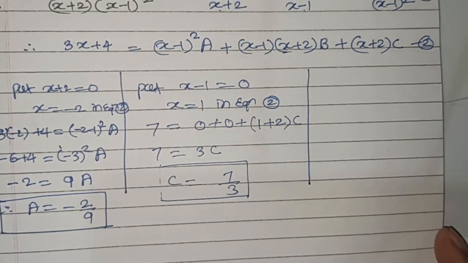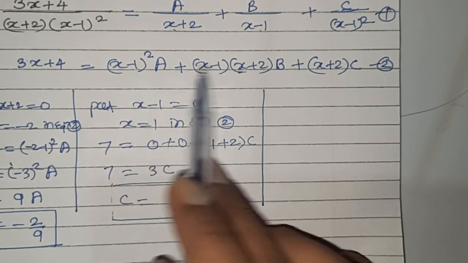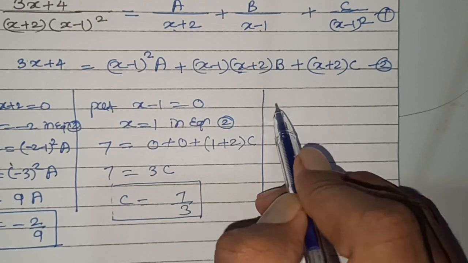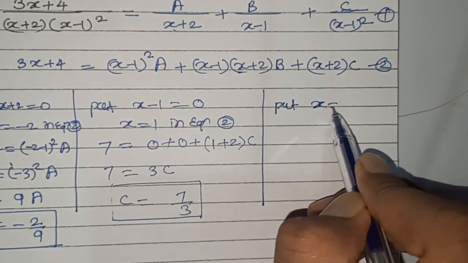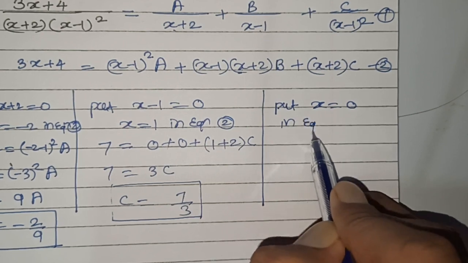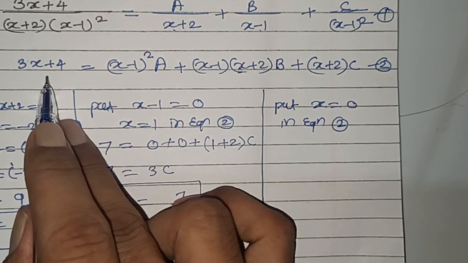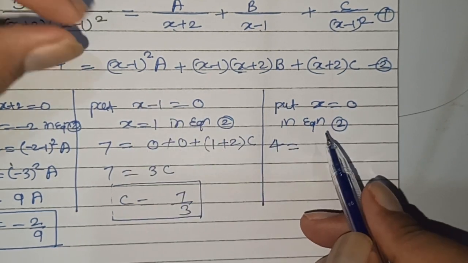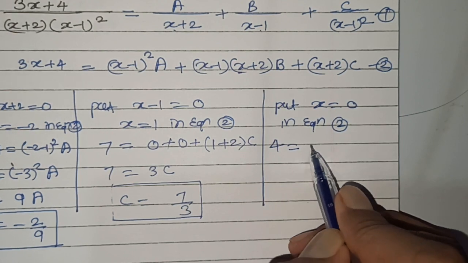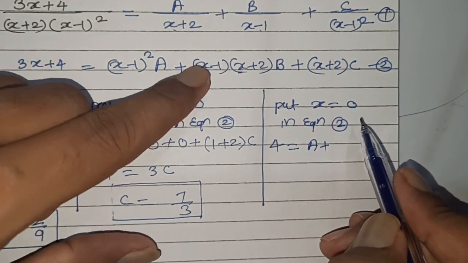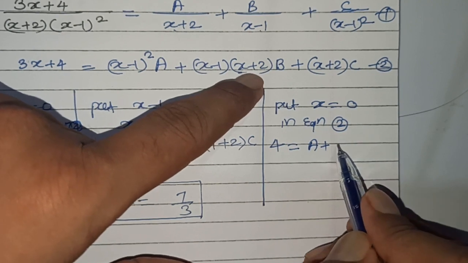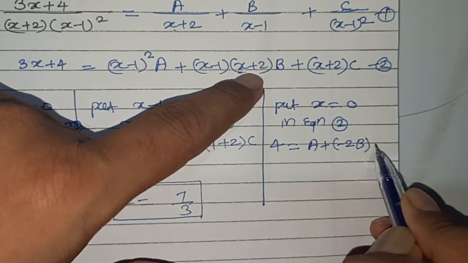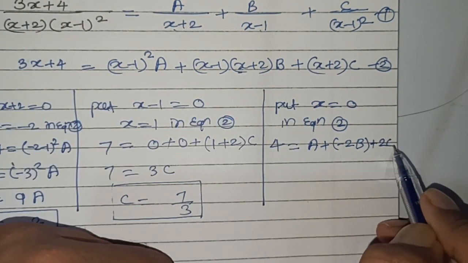Okay, now we need to find the value of b, but there is no common factor in a and c, so put the smallest, most convenient value, that is x equal to 0 in equation number 2. If you put x equal to 0 in the left hand side, we get 4. Here we get 0 minus 1 square, that is 1 square, that is a, plus minus 1 into 2, that is minus 2 times b, plus 2 times c.